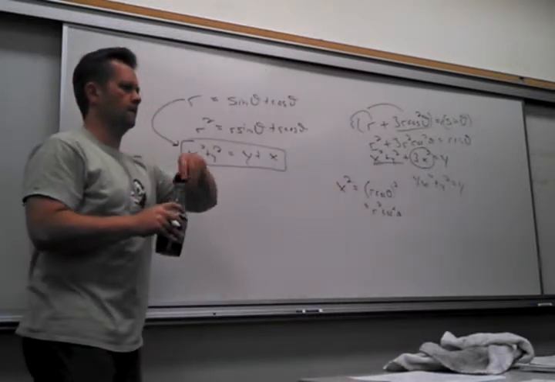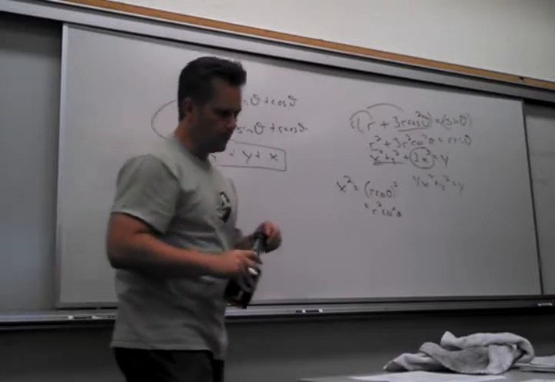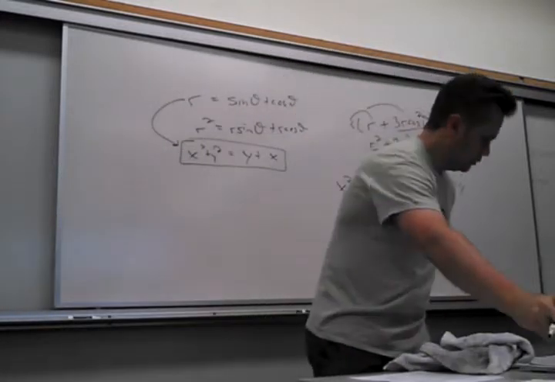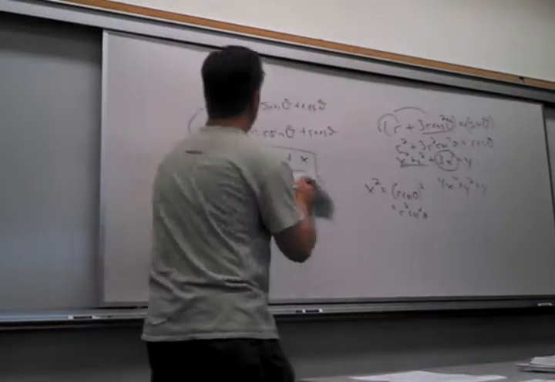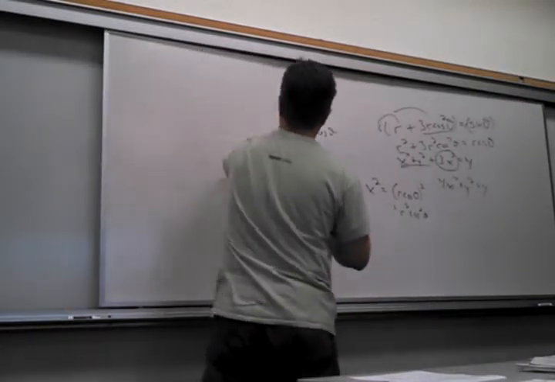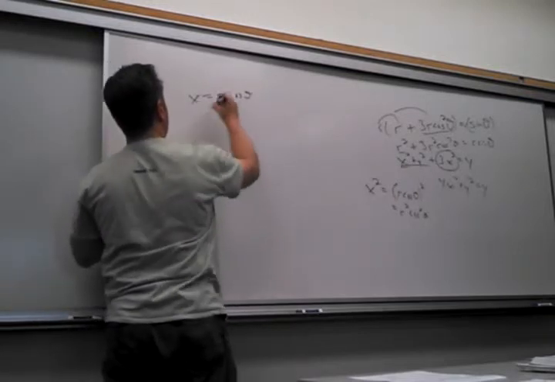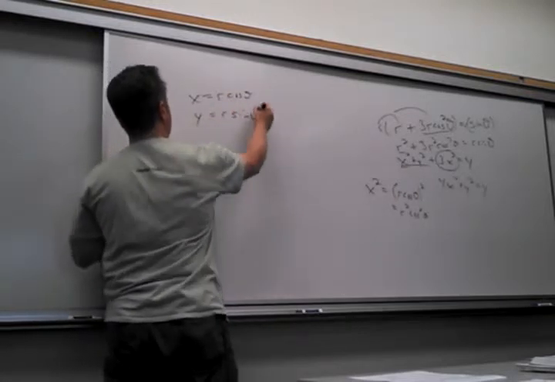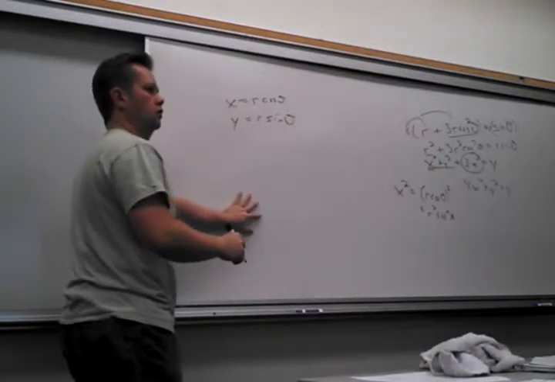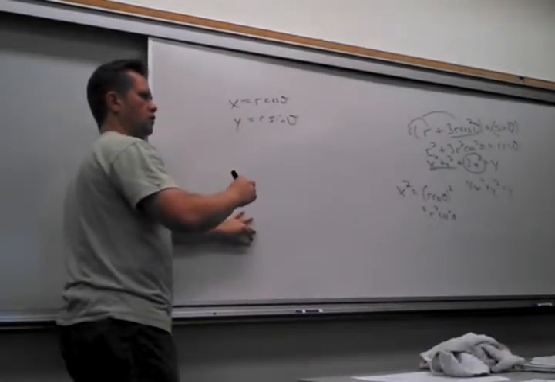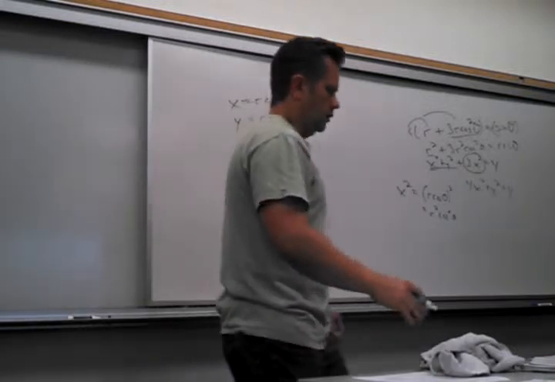Yeah. Can you explain where the dr d theta number 7 on the practice is? It was the stuff I had up here earlier. So if x is r cosine theta, and y is r sine theta, right? You with me? Well, I get that, but how is that related to this?